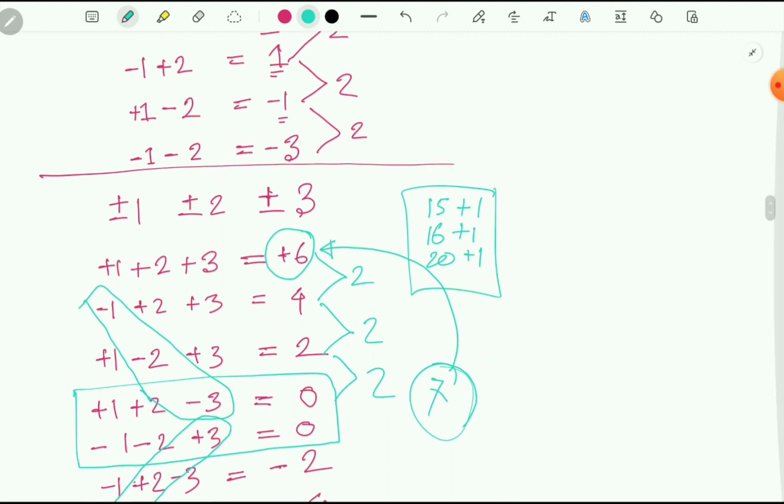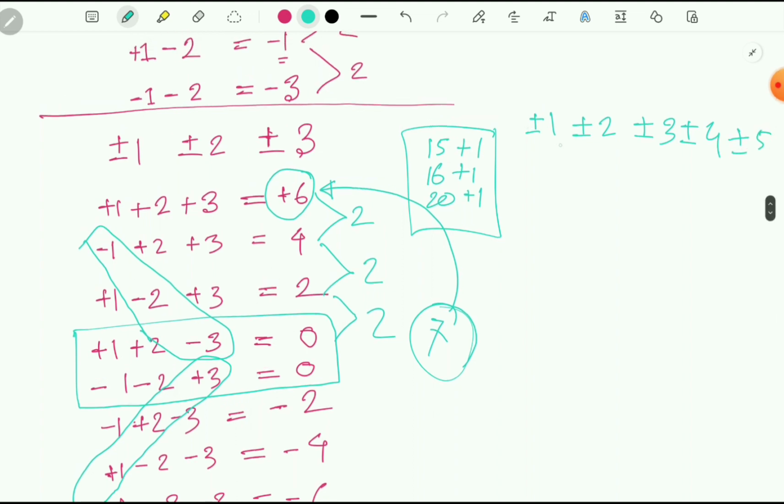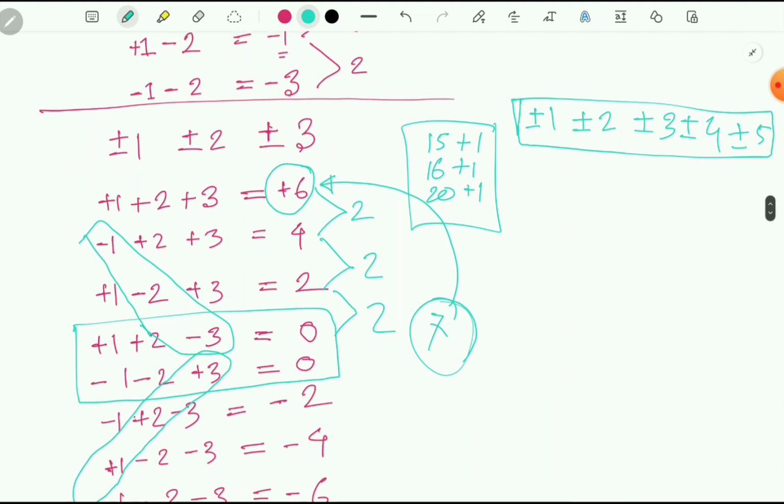So we can test it with our given formula, like plus 1 plus 2 plus 3 plus 4 plus minus 5. These are the numbers given in the question, and this value gives us 15, either positive or negative 15. This is the highest value, so simply just add 1 with it. So our answer is 16.